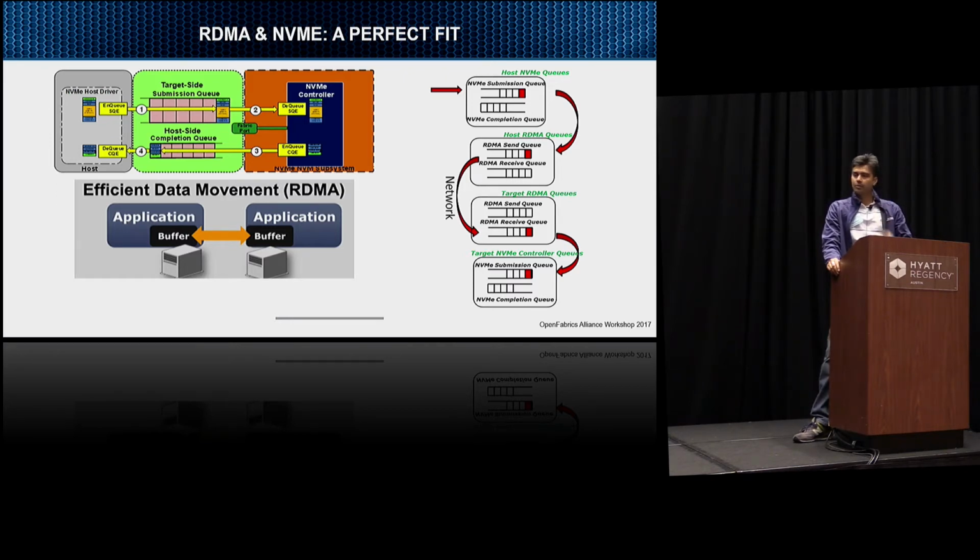So a 64-byte NVMe command sits in there. It comes to the other side on the target, and the target software puts that from the RDMA receive queue to the NVMe's send queue, and that's how the I/O flows through four of these queues, out of which there's only one physical queue at the target side.